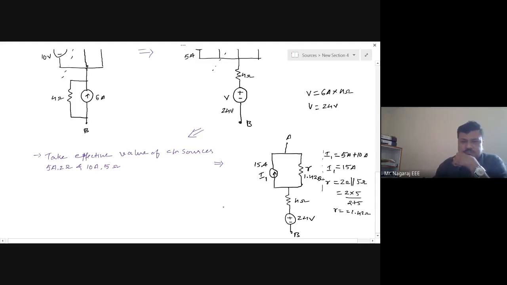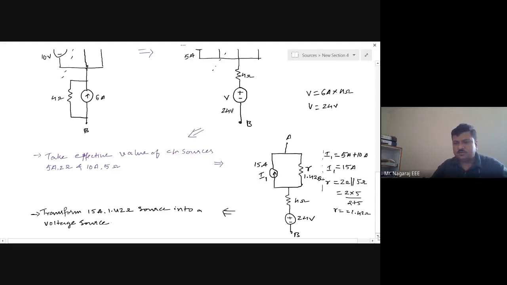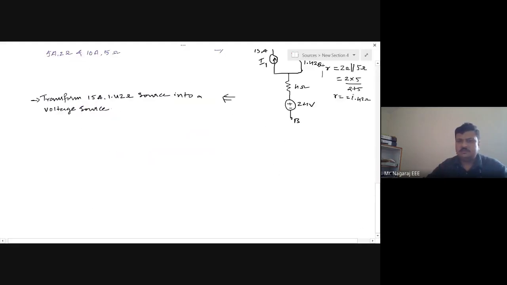So here I can convert or transform the 15 amps 1.42 ohms source into a voltage source.